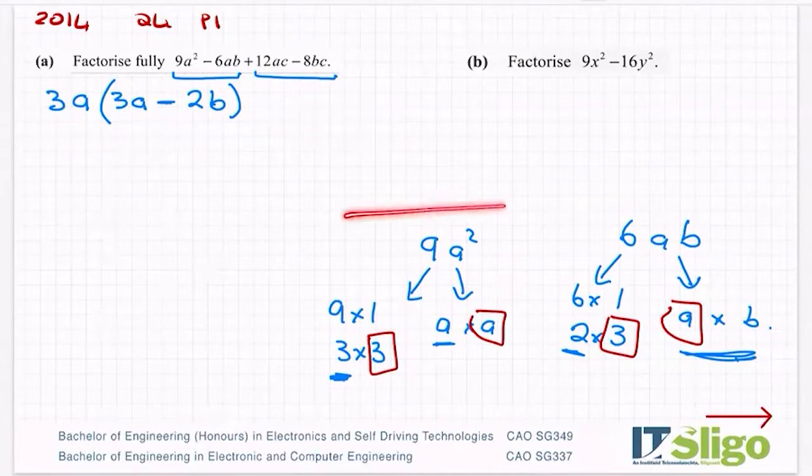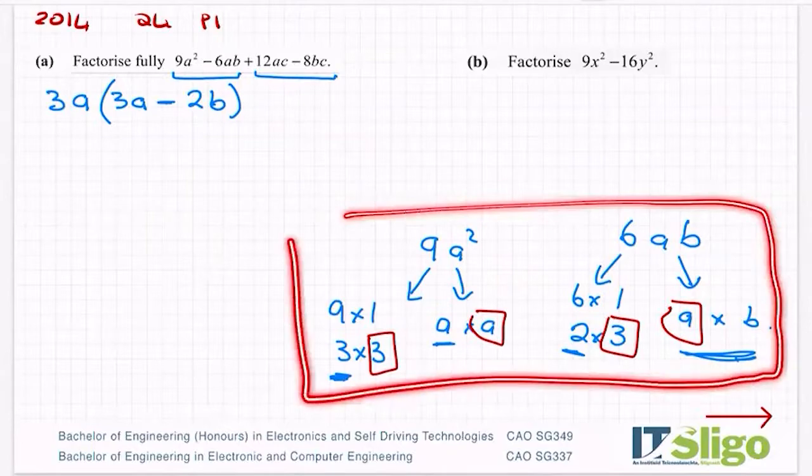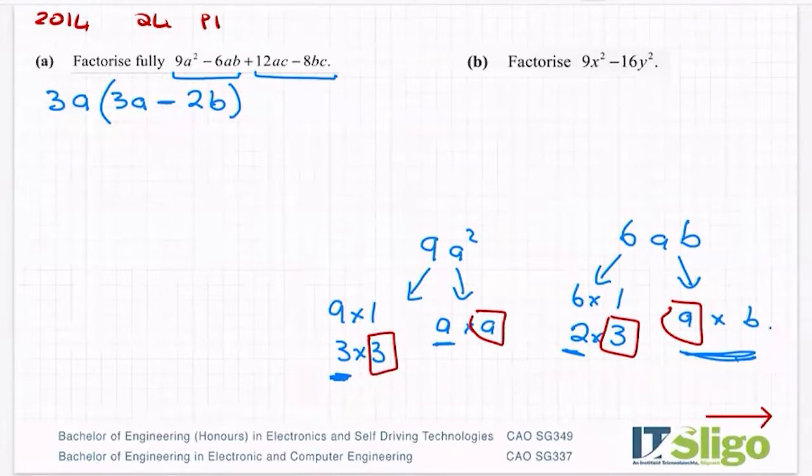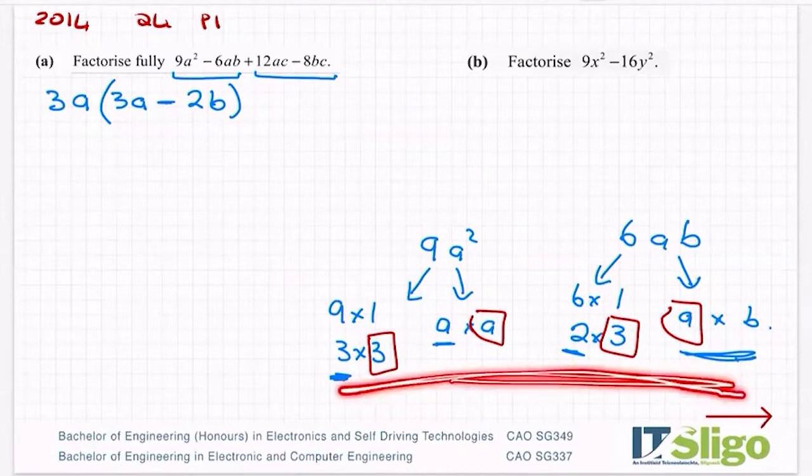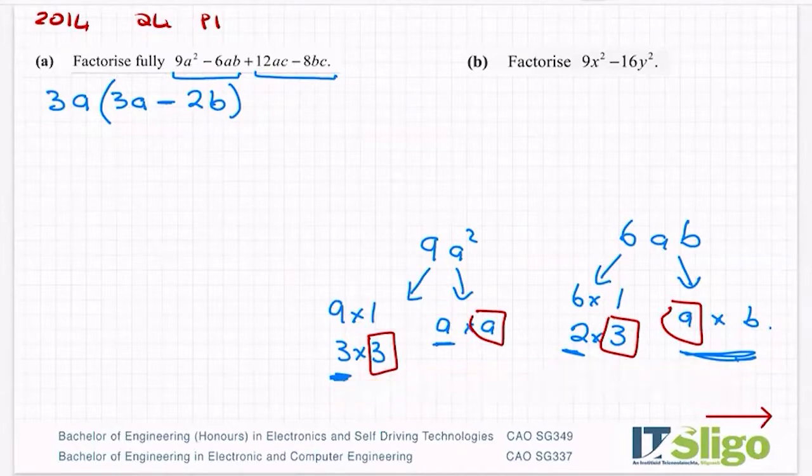Okay, we tend not to write this piece down. We tend to do this bit in our head, which is why some people find it more difficult than others, because they can't see what's happening in the background. But this is what's happening in the background.